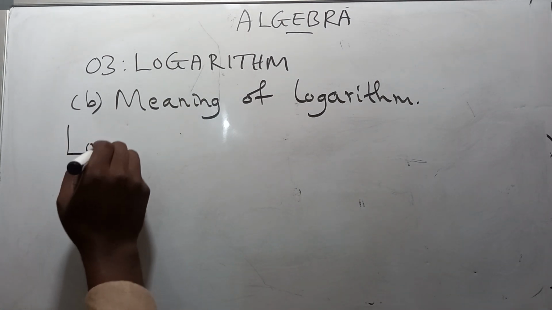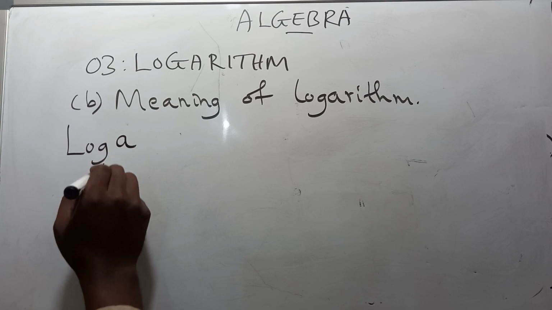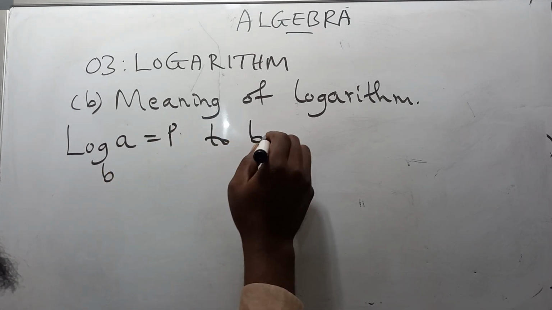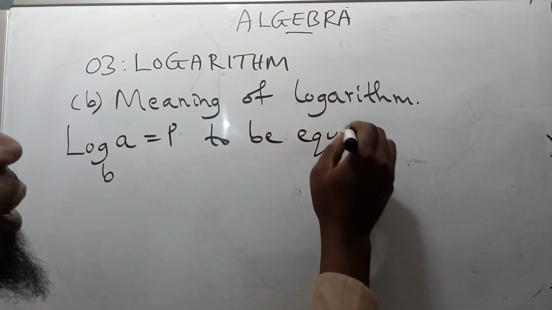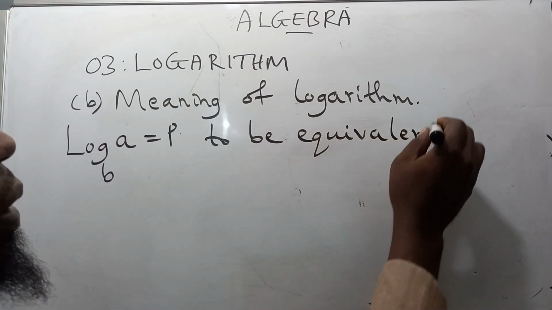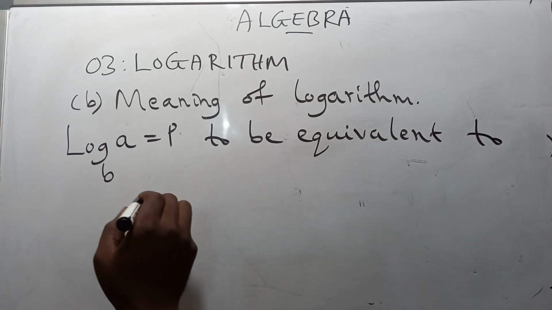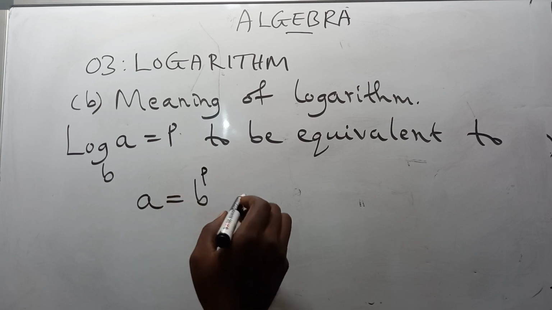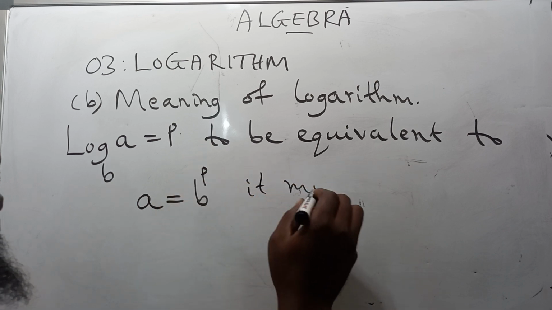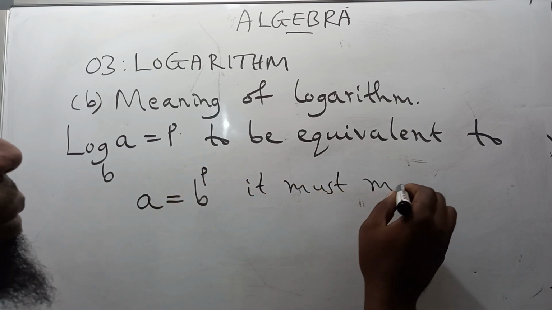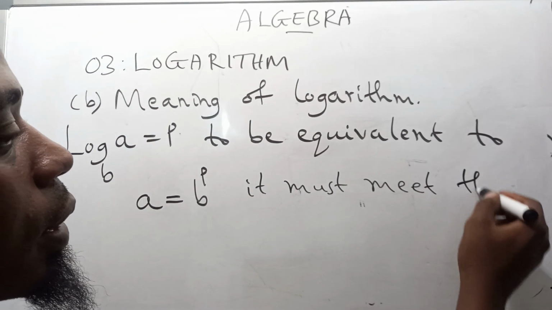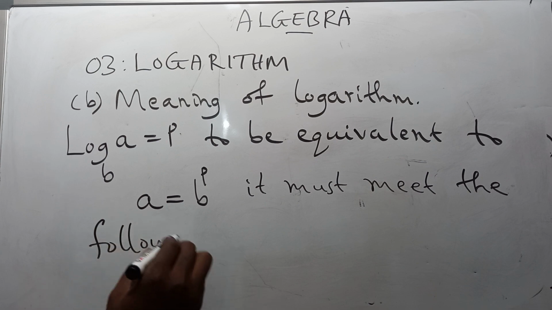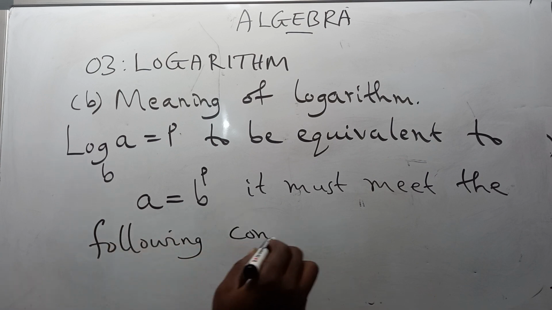Okay, let's see conditions for logarithm to be equivalent to exponent and the exponent to be equivalent to logarithm. For log of a given number A to base B is equal to power P to be equivalent to exponent given number A is equal to base raised to the power of P, it must meet the following conditions.